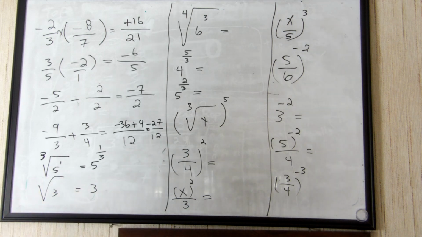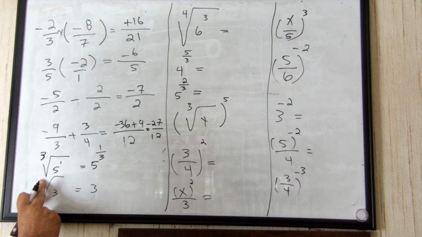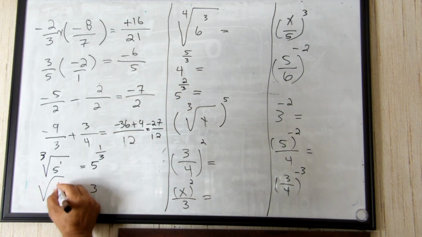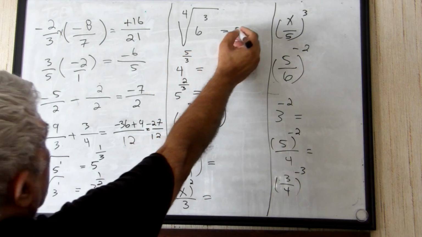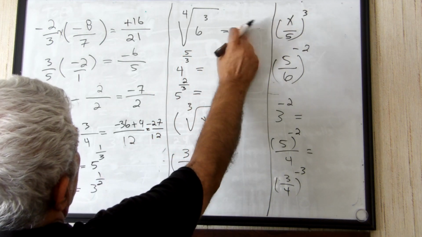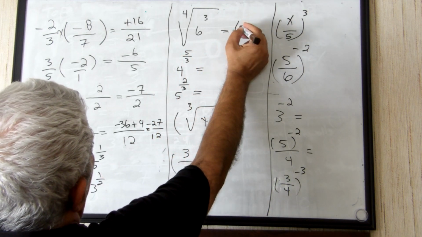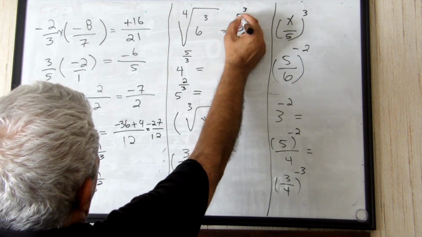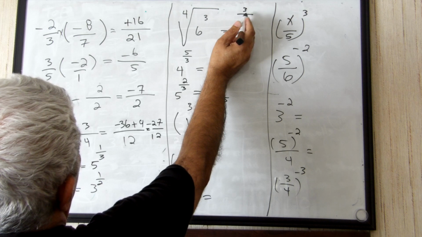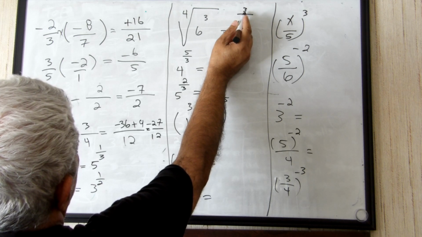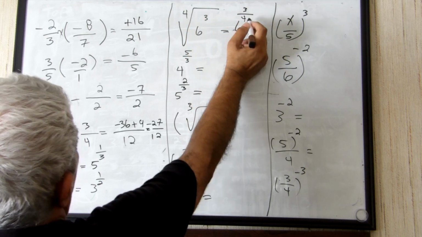If we don't write the index here, it's 2. So this is going to be 1, this is 2, this is going to be 1 over 2. And it's the same here. It's going to be 6. And then we write the exponent of this one at the top, in the numerator, and 4 is going to be at the bottom.